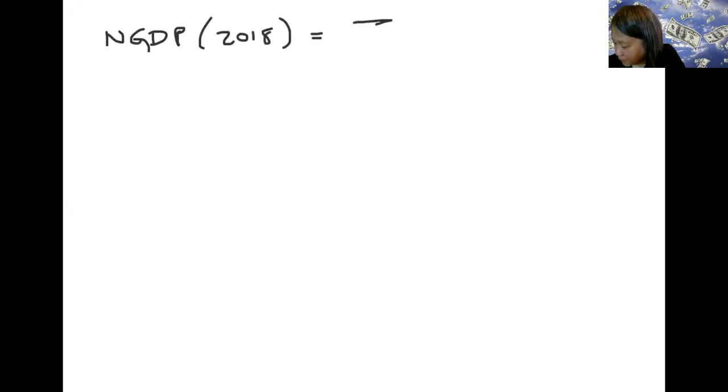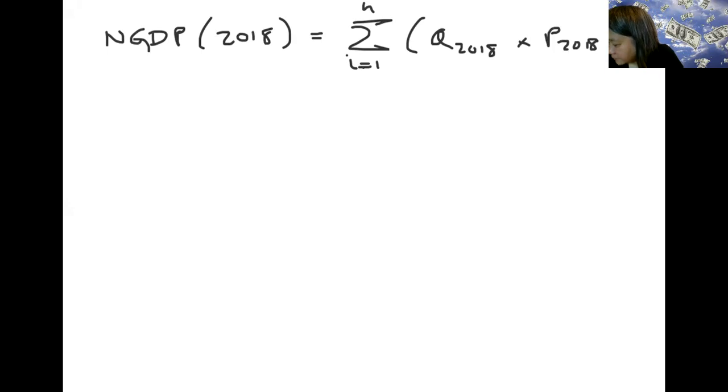So if we look at our nominal GDP, and let's use 2018, okay? Our nominal GDP is made up of everything that we produced in 2018 times the prices of 2018. So we have output of 2018 times prices of 2018.